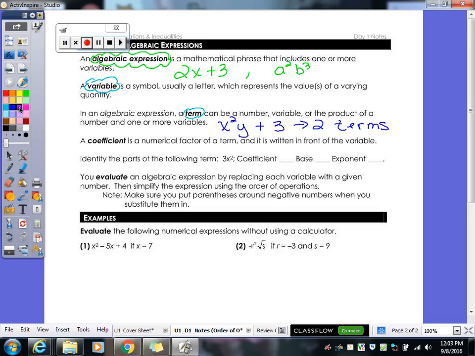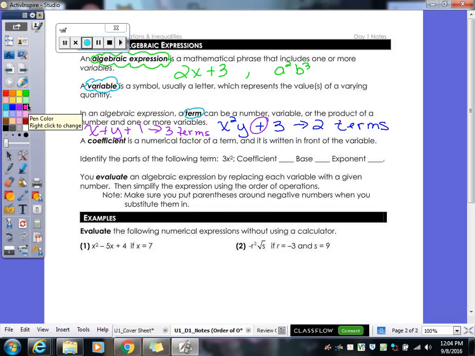The thing that separates your terms in this example is your plus sign. Plus sign, minus sign, that's what separates our terms. So I have 2 terms there. I could simply have another one that's like x plus y plus 1. So this one has 3 terms. The x, the y, and the 1. So you can have multiple terms, you can have 1 term. Doesn't matter what makes up the terms.